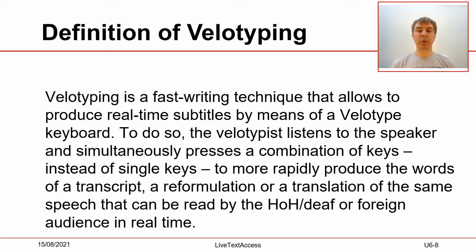Velotyping is a fast writing technique that allows to produce real-time subtitles by means of a Velotype keyboard. To do so, the velotypist listens to the speaker and simultaneously presses a combination of keys instead of single keys to more rapidly produce the words of a transcript, a reformulation or a translation of the same speech that can be read by the hard of hearing or deaf or for an audience in real time.